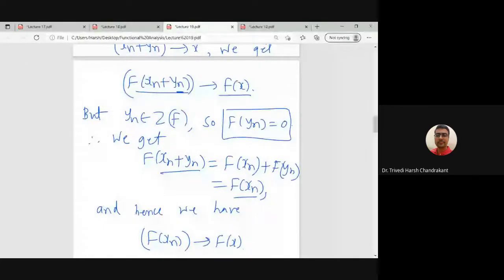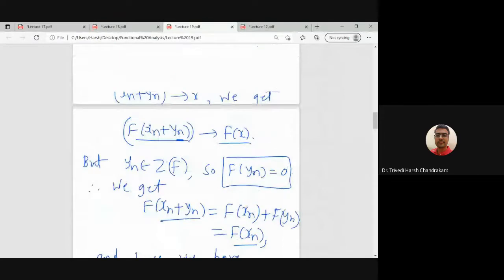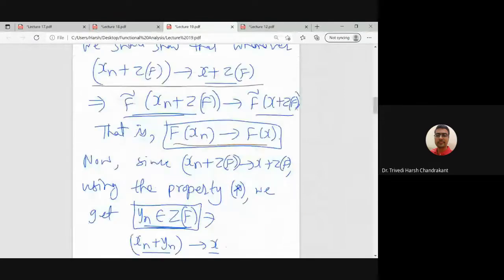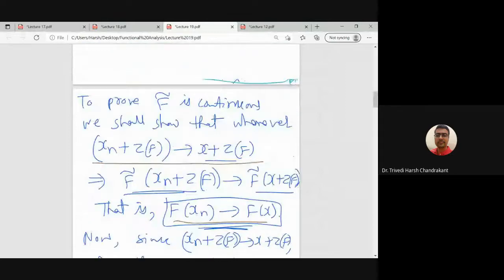So f of xn plus yn is essentially the sequence f of xn, and now we have f of xn converges to f of x. That is what we actually wanted to prove, f of xn converges to f of x, right? So that is essentially f tilde is continuous.